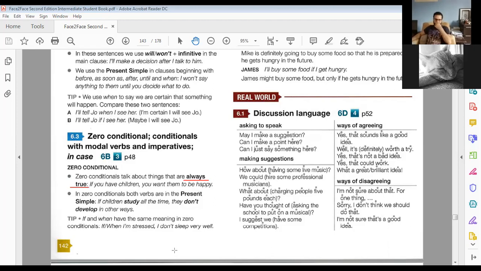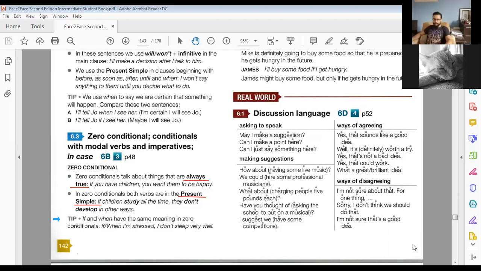All right. It also says that we use the present simple. Of course, you also did this. In both clauses, the if clause has present simple and the main clause also has present simple, right? All right, can you read this tip, please? What does the tip say?